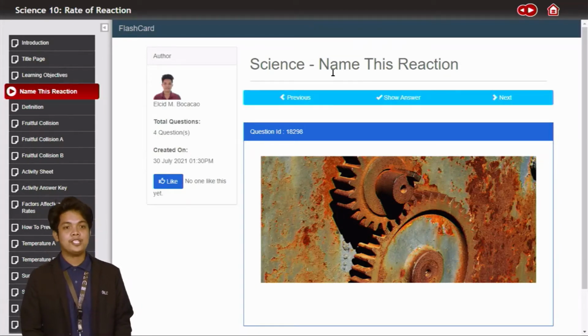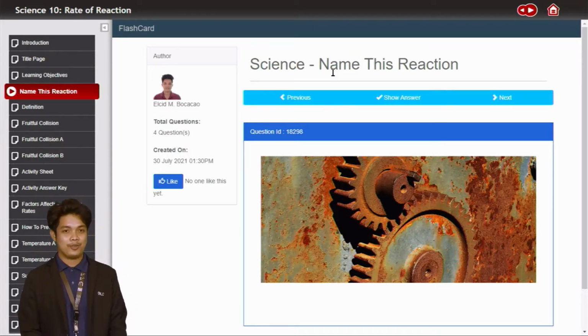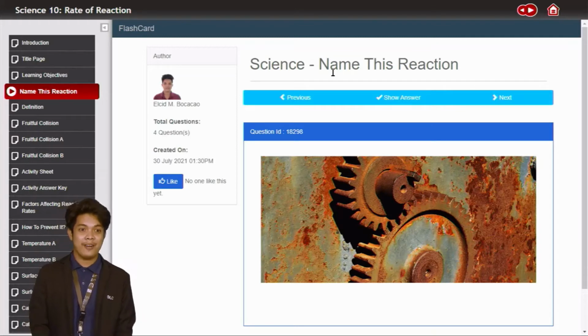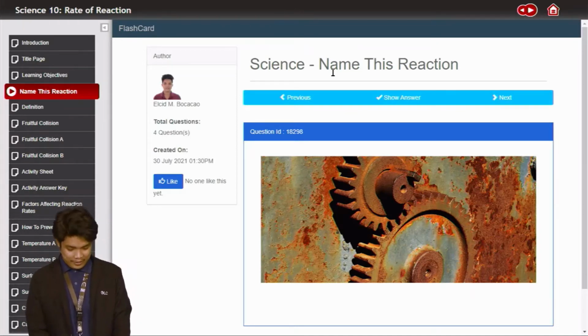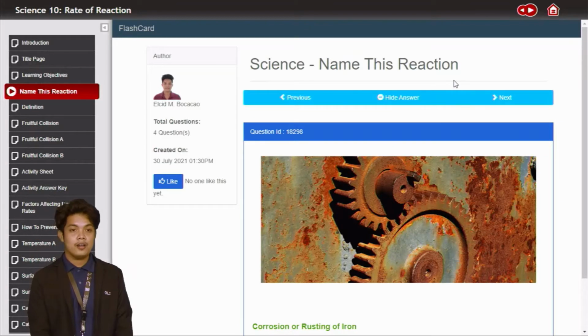The first picture is this one. I will now open our forums to see your answers. Kindly answer right now. Most of you got the correct answer. The correct answer is corrosion or rusting of iron.